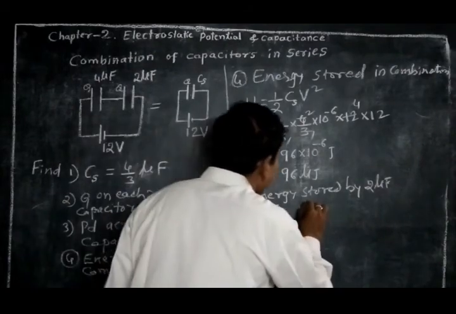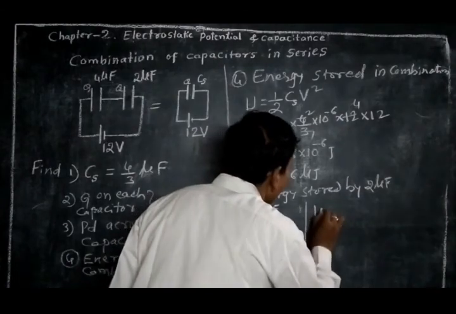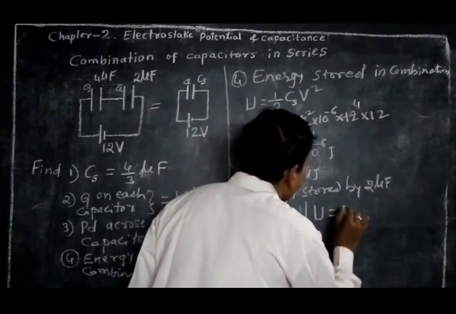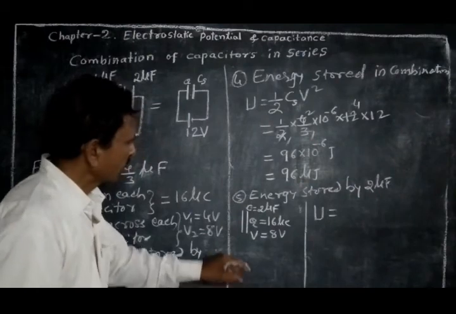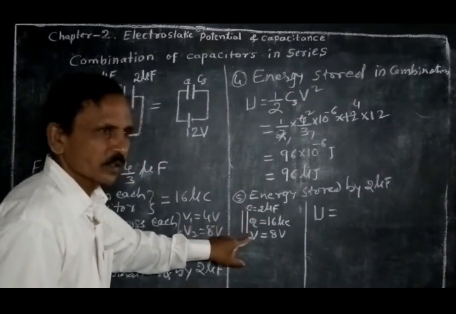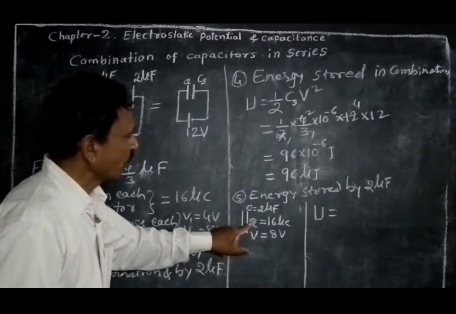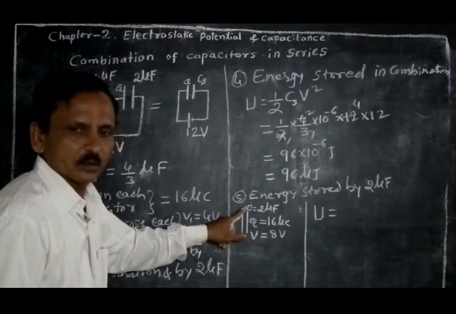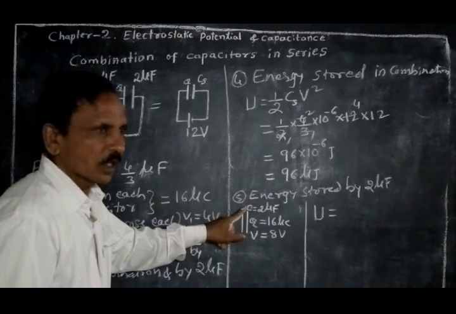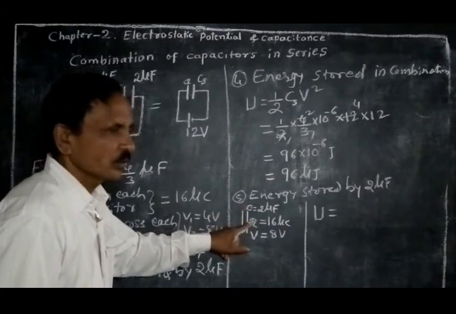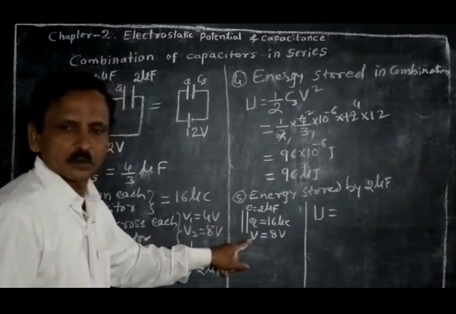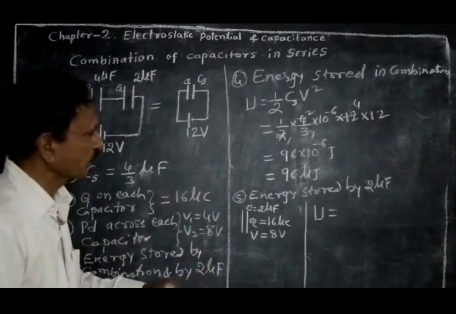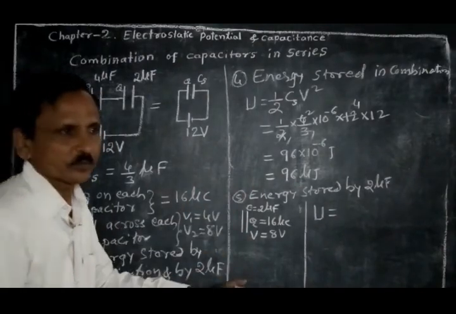Then energy stored U equal to, you can use half CV square, or Q square divided by 2C, or half Q into V. You can use either expression, then you will get the same answer.